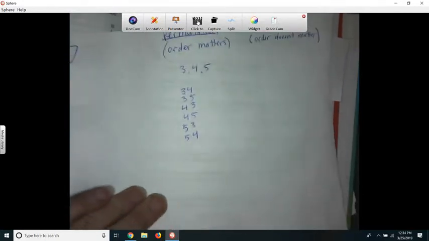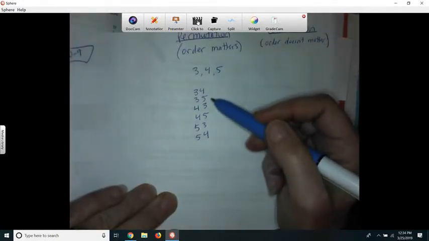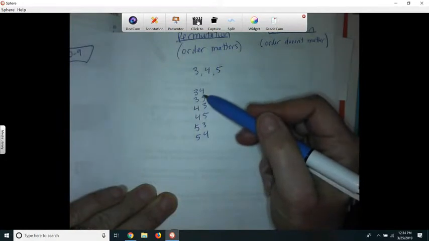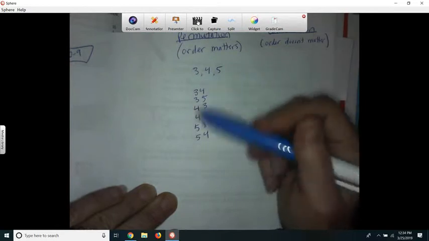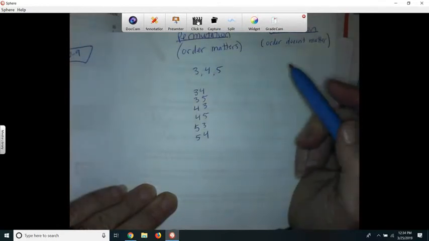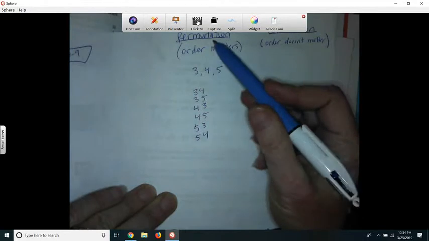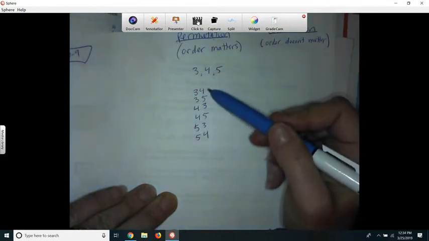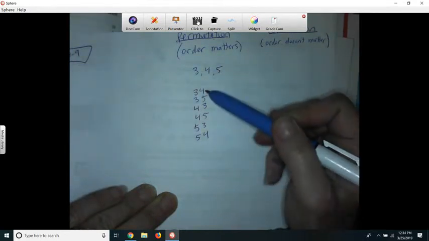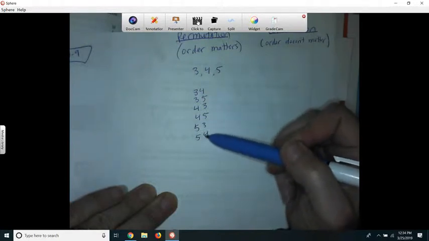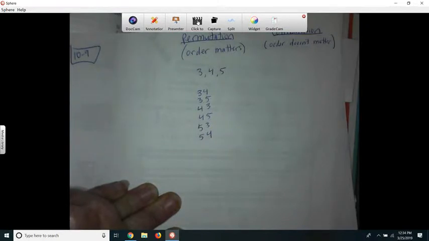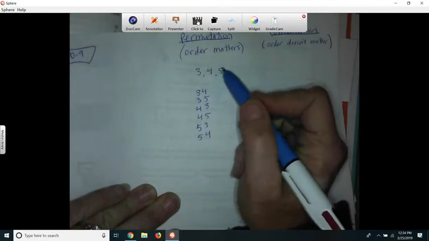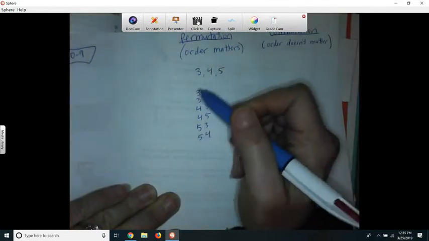So if the order matters, then the 34 isn't the same as the 43, right? Let's say you only need a 2-digit password. So the permutation of these 3 things taken 2 at a time is 6 different ways.